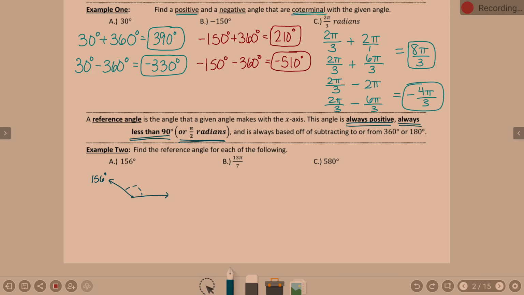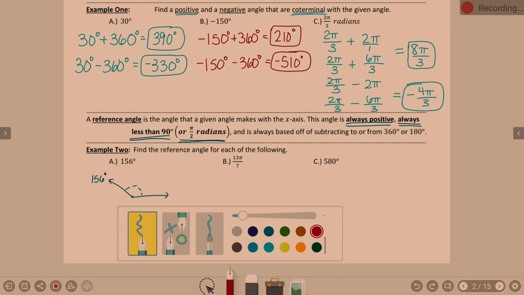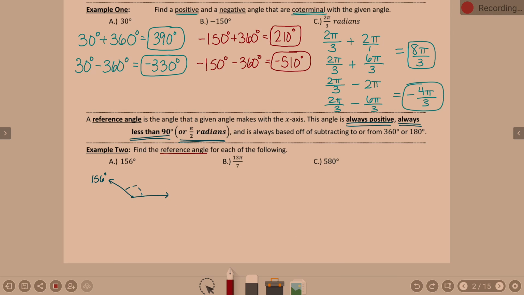Now, for a reference angle, I want to know how far that angle is from the x-axis in its closest spot. So where is it closest to the x-axis? In other words, if I extend this x-axis, it's not closer to 0, is it? It's closer to 180.